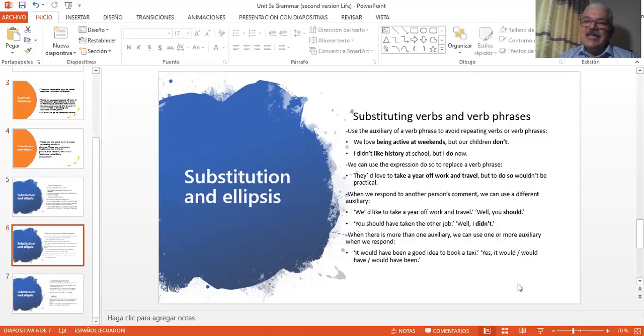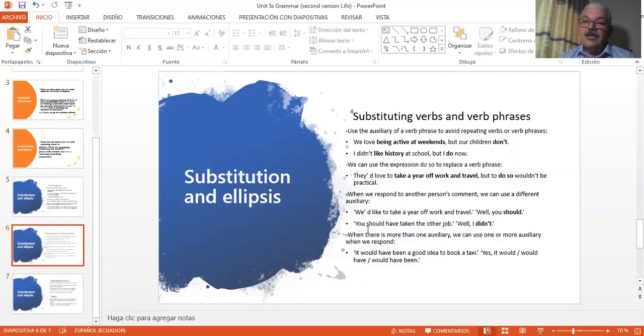Now, instead of saying to do so, we may use other auxiliaries. For instance, if we say, we'd like to take a year off work and travel, we would, or we should like to take, okay? In that case, we will answer with well, you should, because that's a necessity you have.